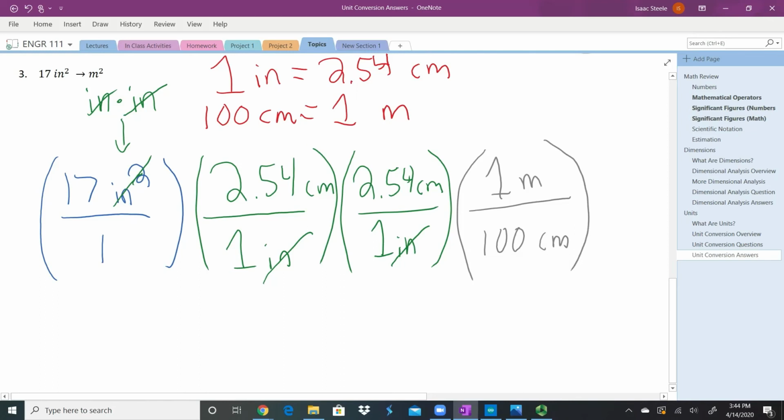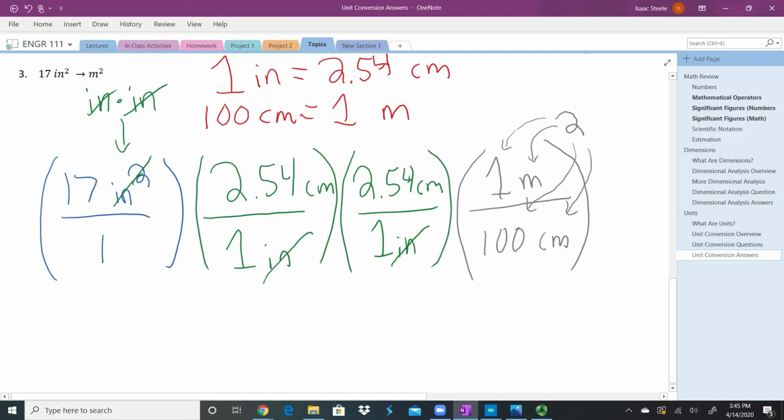I have to do it twice, and so I could write it a second time, or I could square my entire conversion factor. If I do this, I have to remember that this squared gets distributed to everything inside of here. It gets distributed to the 1, to the meters, to the 100, and to the centimeters.